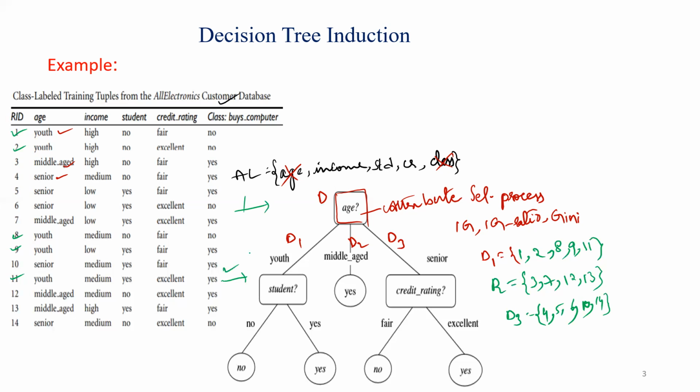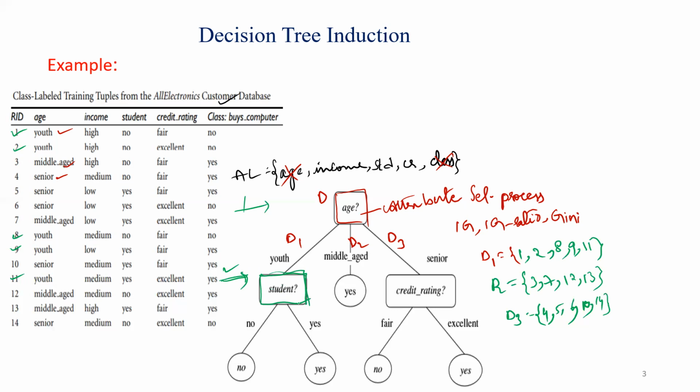Here again we need to go through the attribute list and select one of the attributes as the root attribute, because in this next level we are again going to construct a subtree. We can imagine that this particular node is the root node for the subtree we are going to construct.